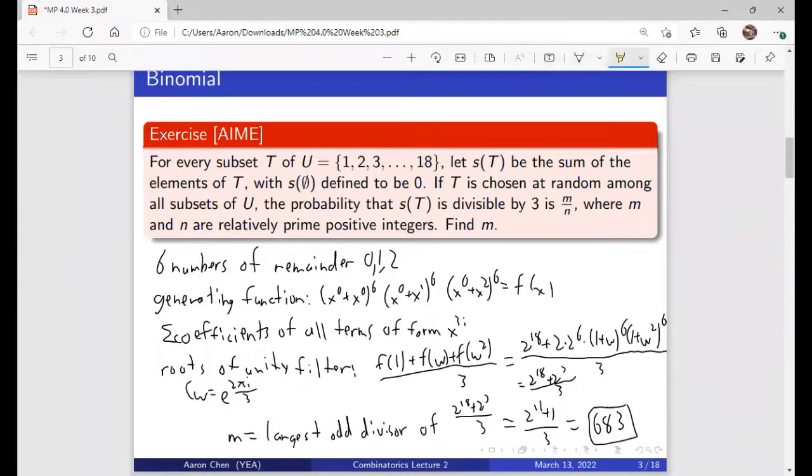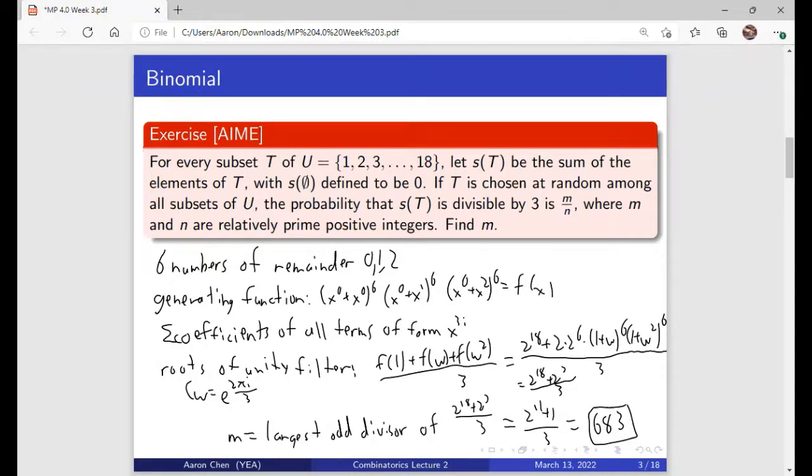For this one, for every subset T of the set of elements U from 1 through 18, let S of T be the sum of the elements of T, with S of the empty set being 0. We want to find the probability that S of T for some random T is divisible by 3.